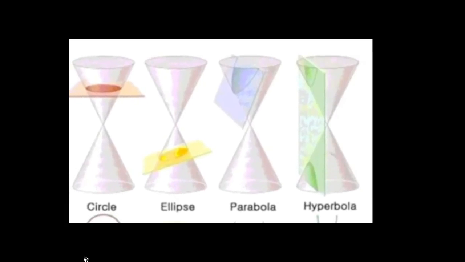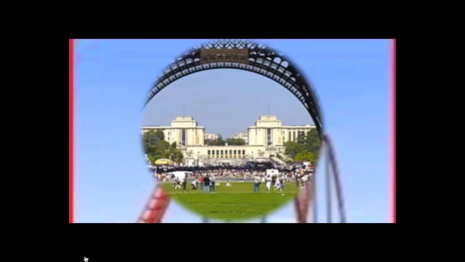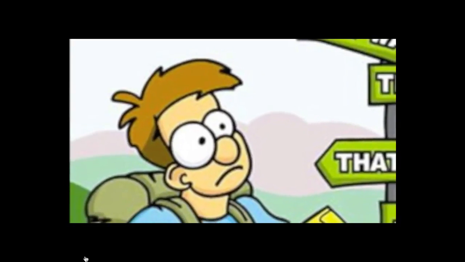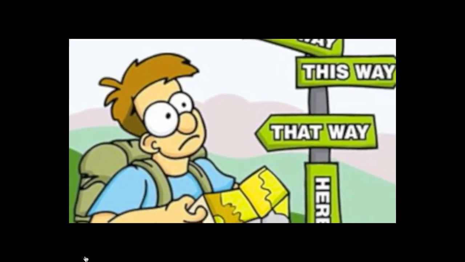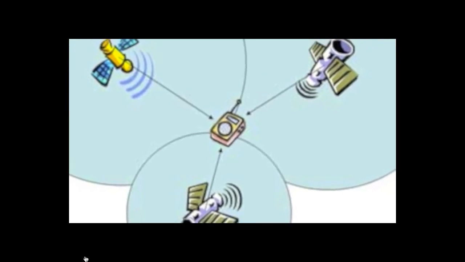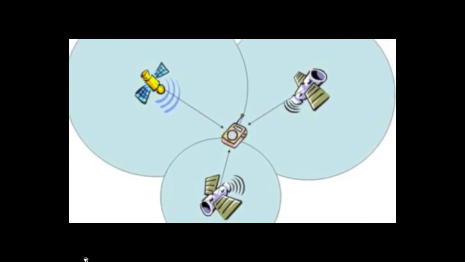Once we master the basics of conics, we'll move on to the applications of conics. But what are conics even used for? The applications of conics are everywhere. Conics appear all around us, in architecture, in physics, in optics, in astronomy, and in navigation. For example, when you are lost and use a GPS to help you find out how to get home, the GPS uses conics to locate your position, the position of your home, and the distance between them.